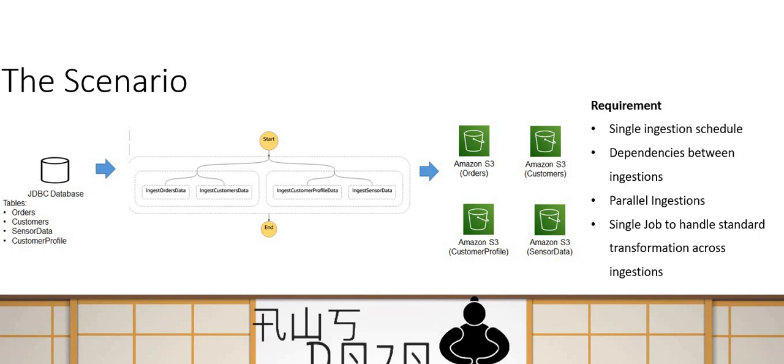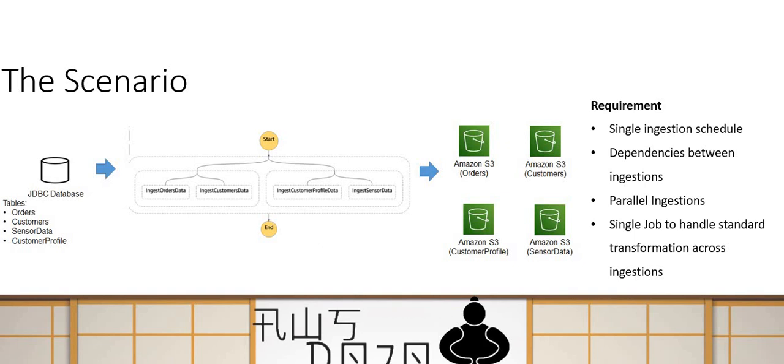And in such a case, we use a single job. Generally, people using a single pipeline use a single job to handle the transformation, and the transformation is generally considered to be standard across each of the tables.